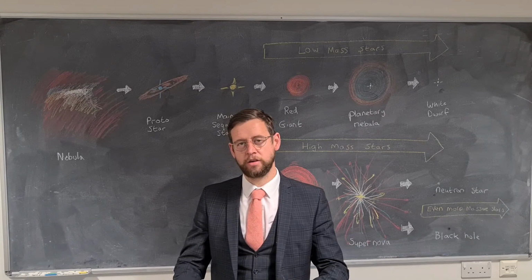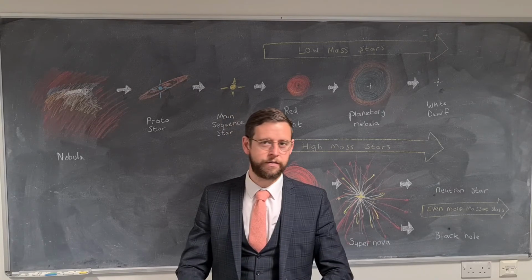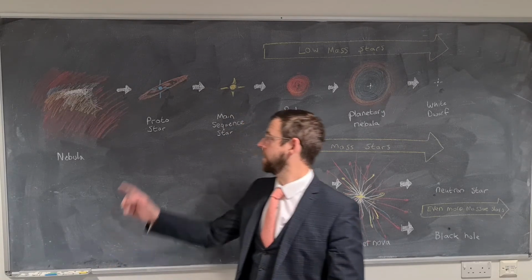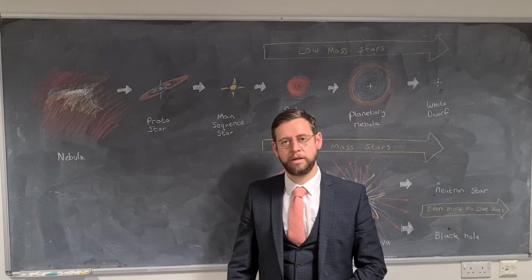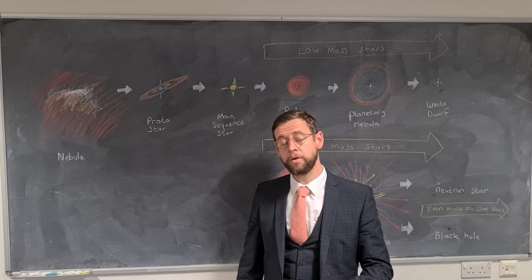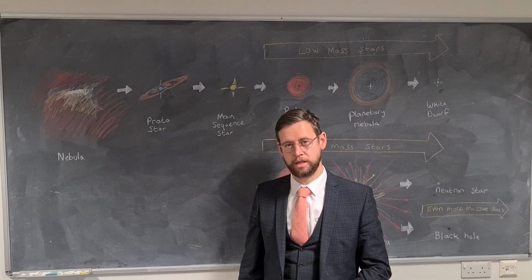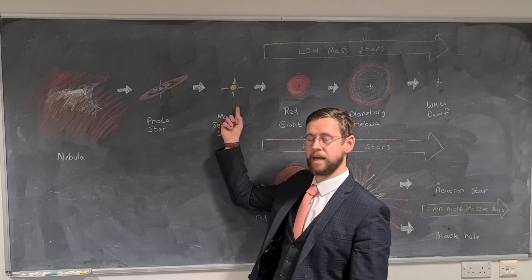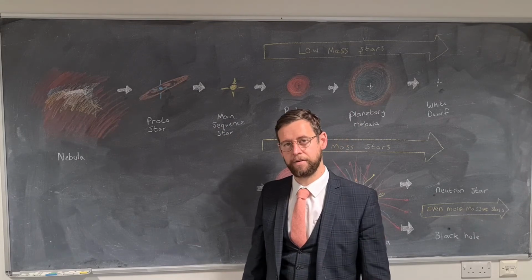Then, when the star switches on and its nuclear fusion reactions begin, it is a normal star doing its normal thing. And for reasons that will become clear in a second, we call that a main sequence star. Our sun is at this stage in its life.